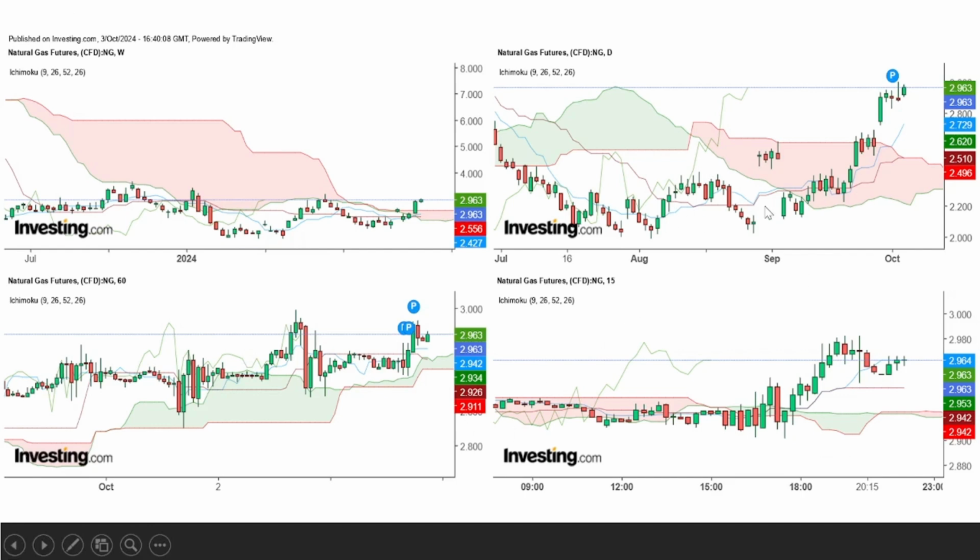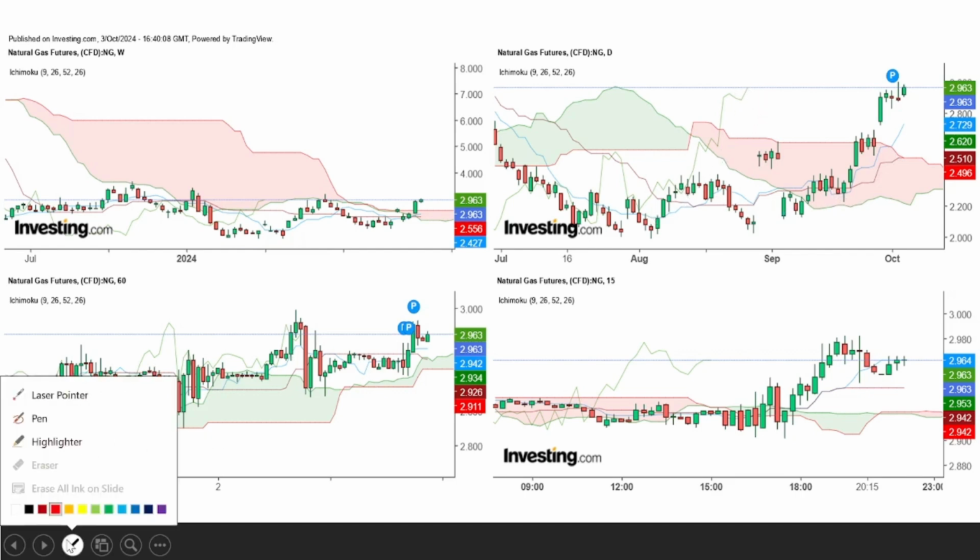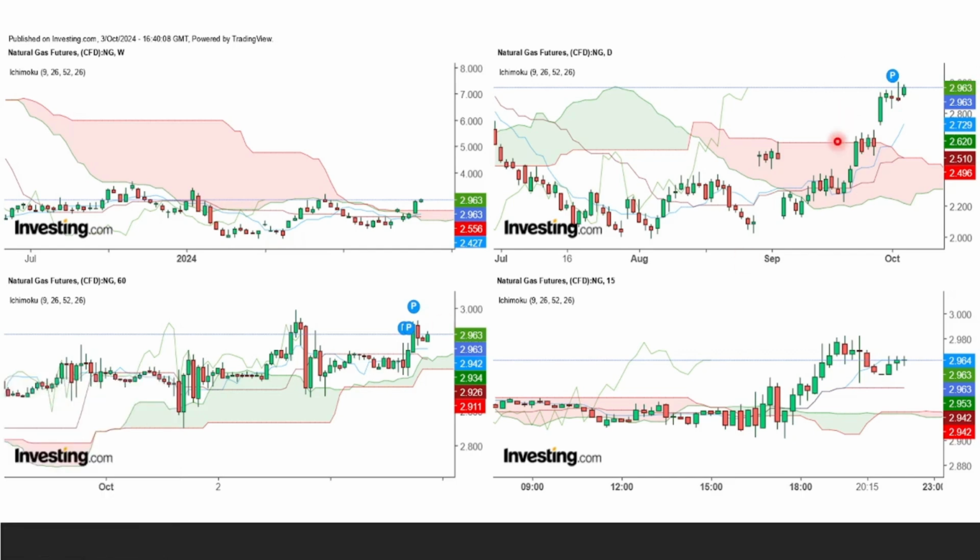Here all lines are considered. The blue line Tenkan Sen, the red line Kijun Sen, the Chikou Span line. I'm looking at the day time chart here. And the Senkou Span A and Senkou Span B taken.